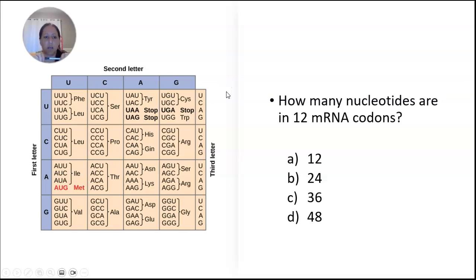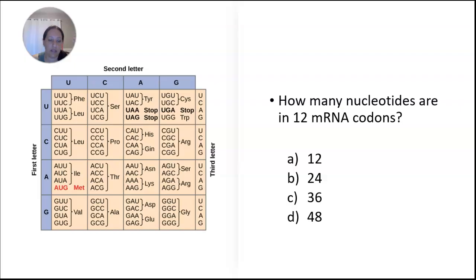Next question says, how many nucleotides are in 12 mRNA codons? So you have to know how many bases is a codon, and then you have to do the math. I'll let you think about that for a minute. So hopefully you said C, 36.